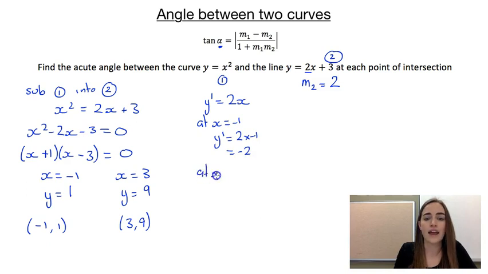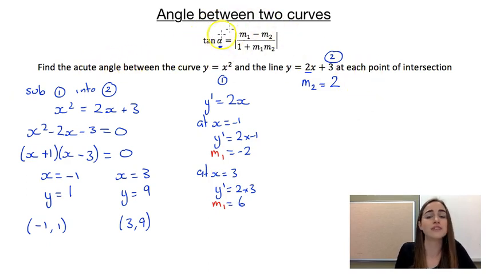And at x equals 3, our y dash, the gradient of the tangent, is 2 times 3, which gives us 6. So this is our m1 at x equals minus 1, and this is our m1 at x equals 3. We've got two different angles to find.